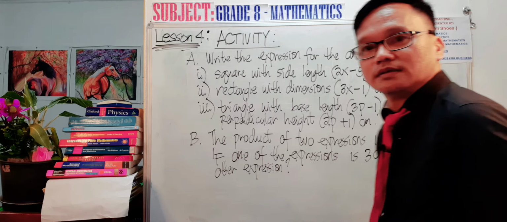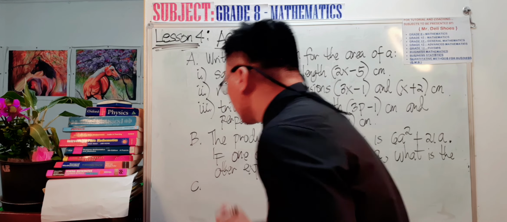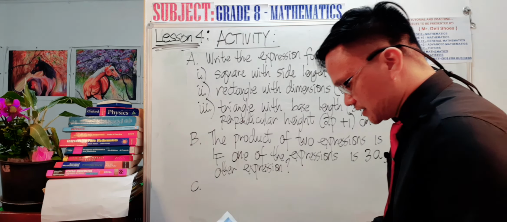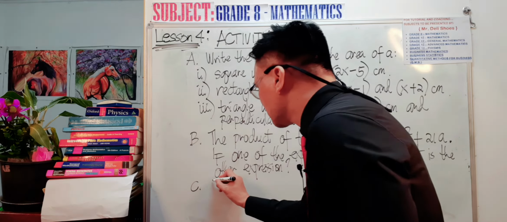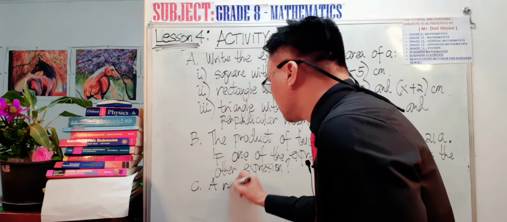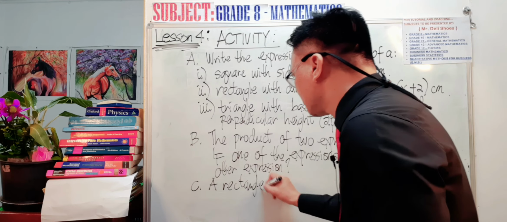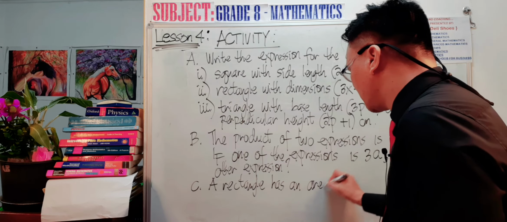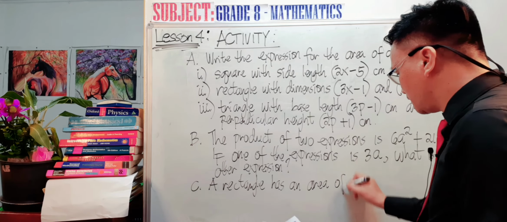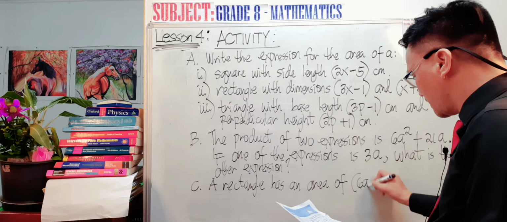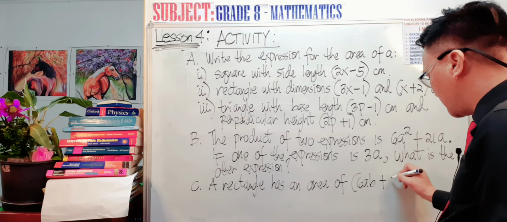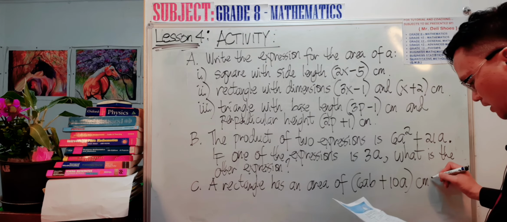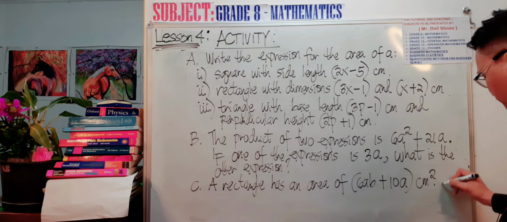And then, okay, we still have space. Letter C. I promised you to give you 5. 1, 2, 3, 4, 5. Letter C. A rectangle has an area of 6ab plus 10a square centimeter.